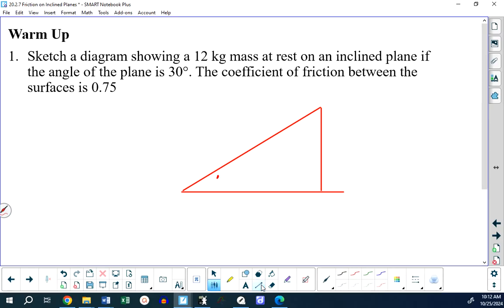But this is a 30-degree angle. And then we have an object on it. It's on an inclined plane, so it's making a nice, clean contact surface to surface.